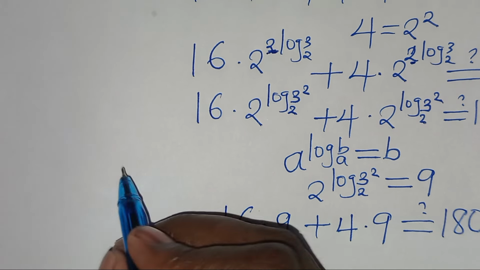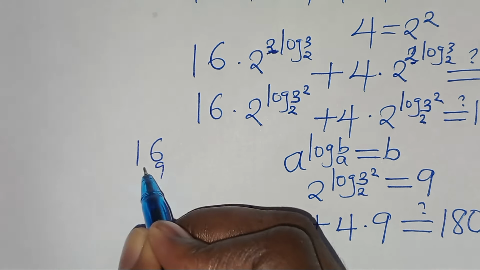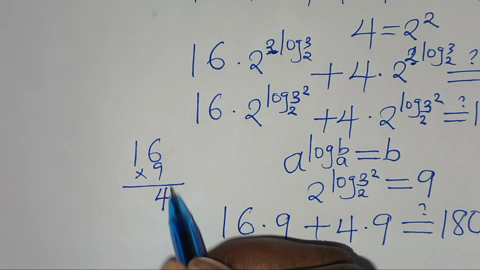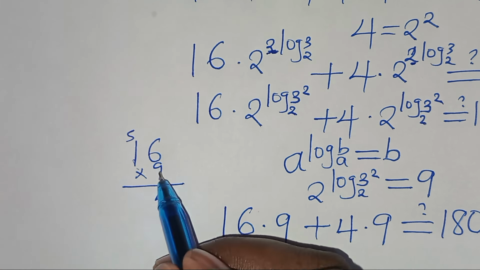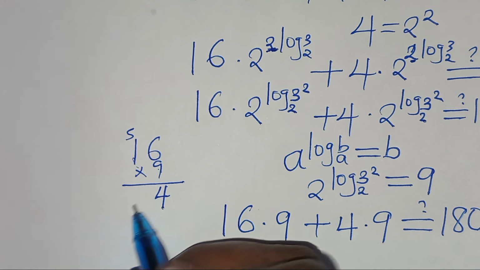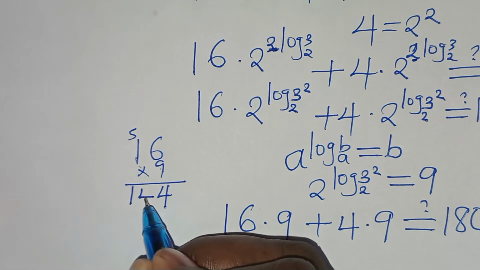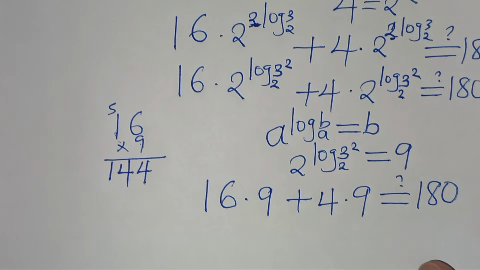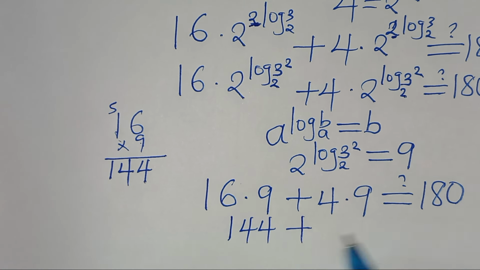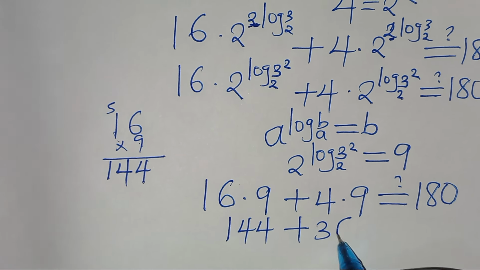So now we have 16 times 9 here. 9 times 6, this is 54. So we have 4 carry 5 here. 1 times 9 is 9 plus 5. And this is equal to 144. So we have 144 plus 9 times 4, which is 36.